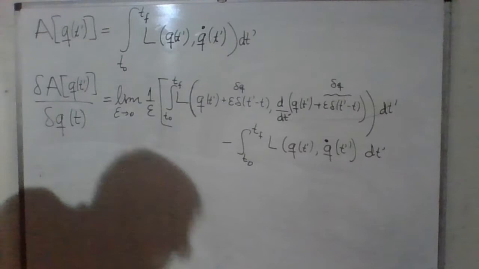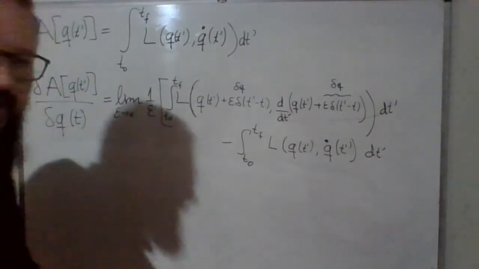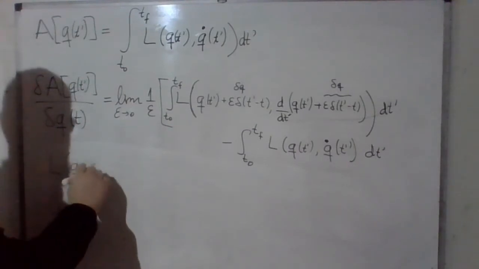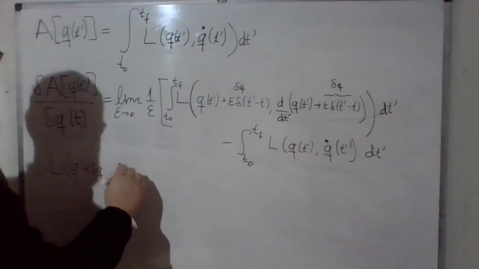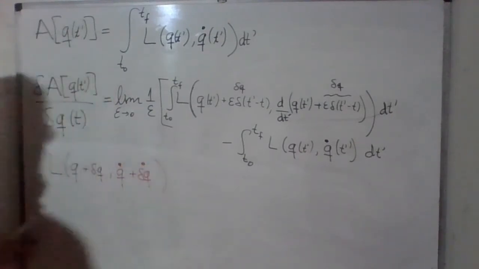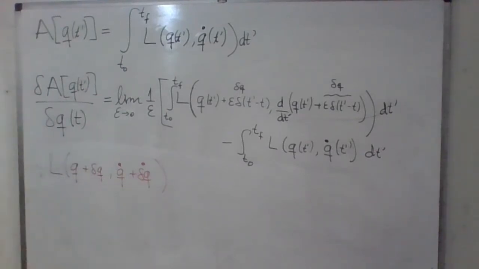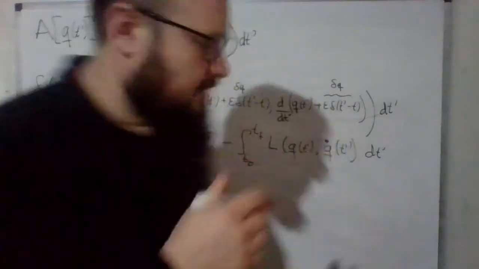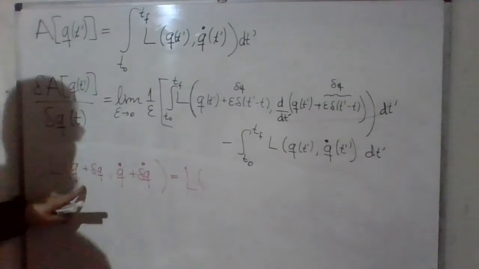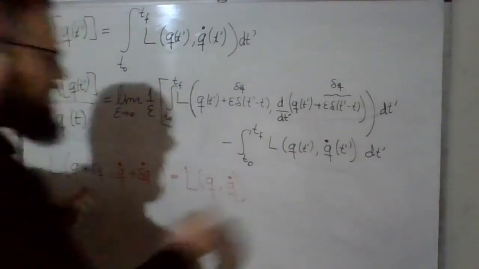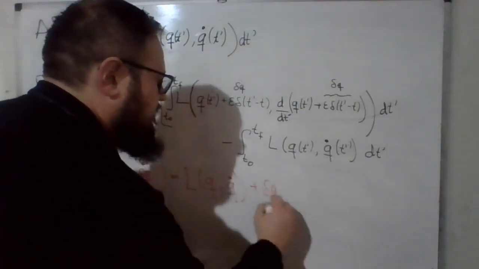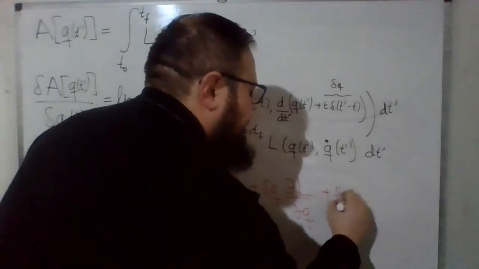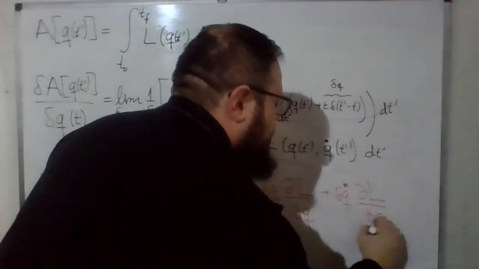Now notice, if I have a Lagrangian calculated at some displacement delta q, and also for the velocity some delta q dot, I could expand it in a Taylor series for multiple variables, of course, and we will have the function evaluated at the original points plus delta q dL/dq plus delta q dot dL/dq dot.